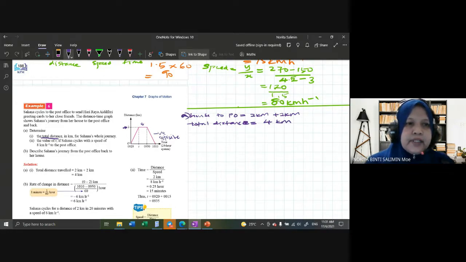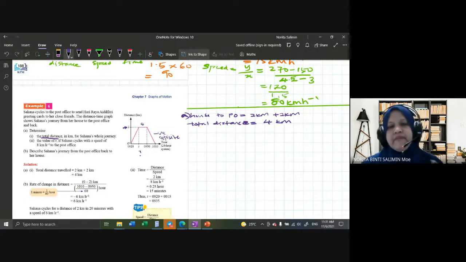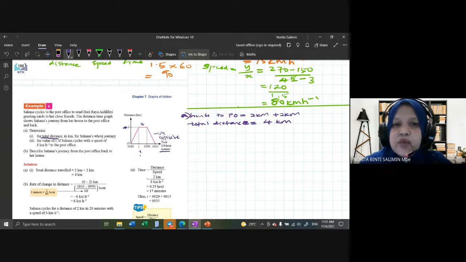Then question B. The value of T. What is the value of T if Sana cycles with a speed of 8 kilometers per hour to the post office? Okay, what do you see here? Time is in 24 hour. This is 9.20, this is 9.50, this is 10.10.